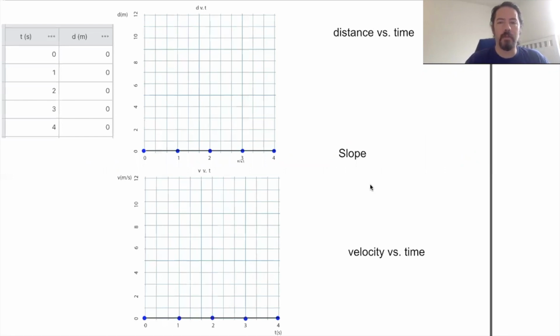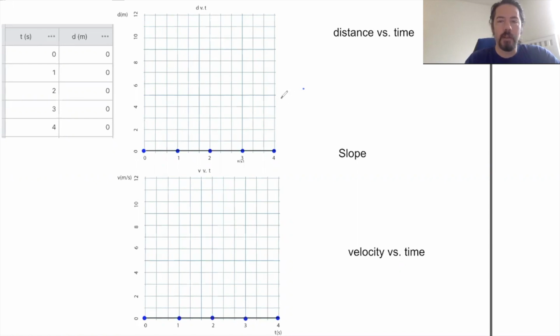One of the things that you saw in the last video, I just want to run through it again to make sure that you're clear on what's going on. We have a distance versus time graph. The dependent variable is distance, the independent variable is time, and we have the data table that goes with it that tells us the same thing.